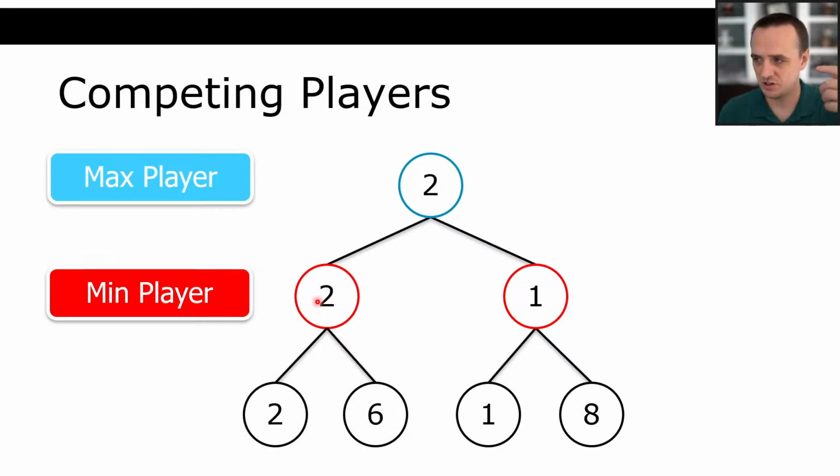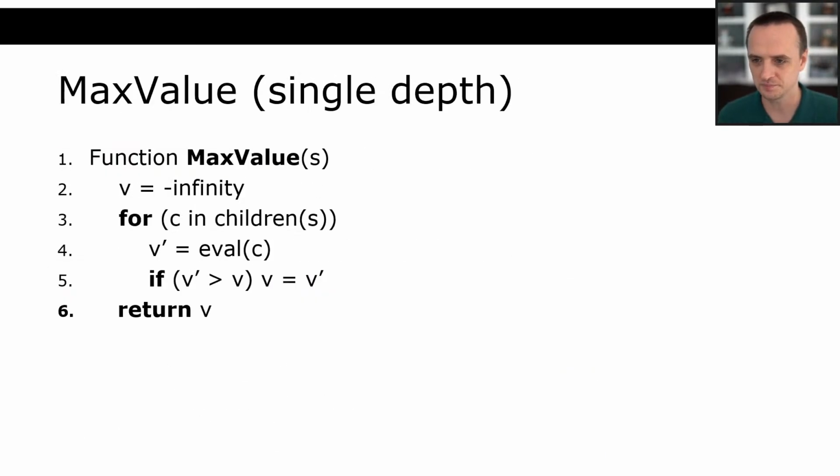And if we were to have more depth in this tree, the minimizing player would in turn be minimizing the result of a maximizing player, who would be maximizing the result of a minimizing player. So we go max, min. Oh, maybe now you can see where the name of this algorithm comes from, the MiniMax algorithm. So that's a bit of a spoiler, okay?